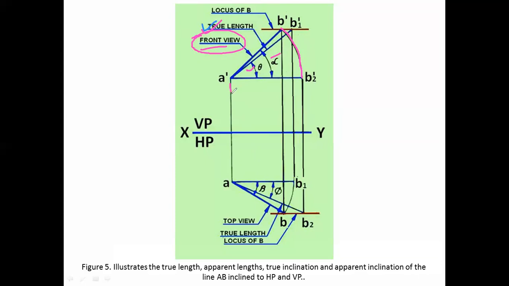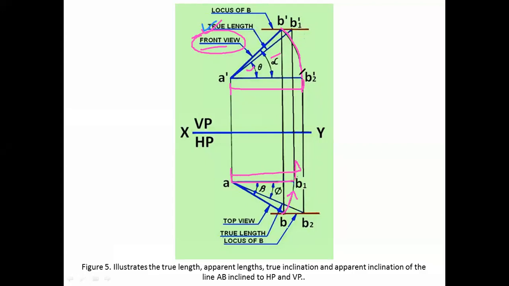So ultimately what is this? It is its length. Similarly, AB is the top view. So we will get its length by arcing. We will easily get this length, and that ultimately helps us.